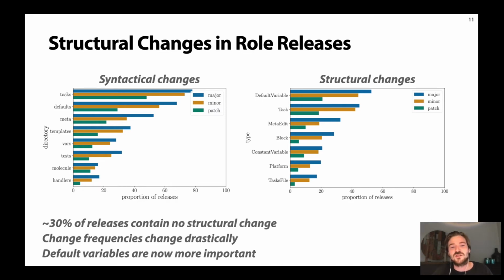We can also see that comparing the popular components on a structural level to the popular components on a syntactical level, the rankings actually changed quite drastically. For example, default variables are now the most important component for a role release, whereas on a syntactical level it was the tasks. But we still aren't really able to find any distinguishing factor in what distinguishes a major release from a minor release or a minor release from a patch.